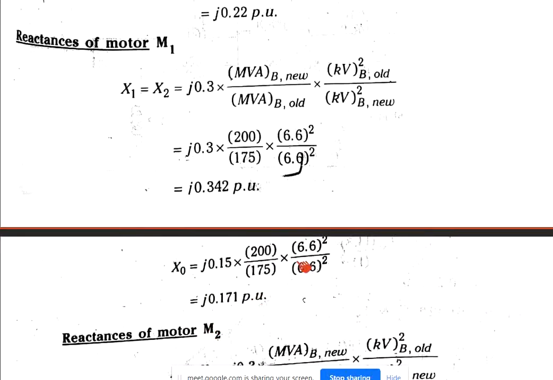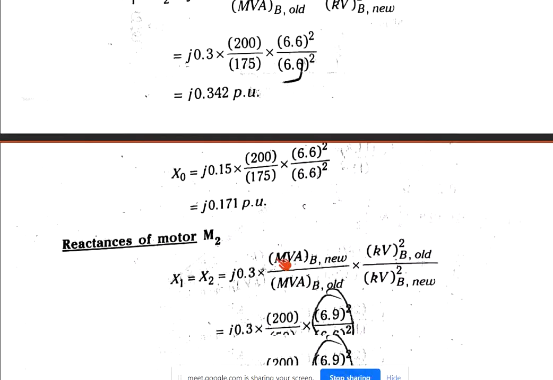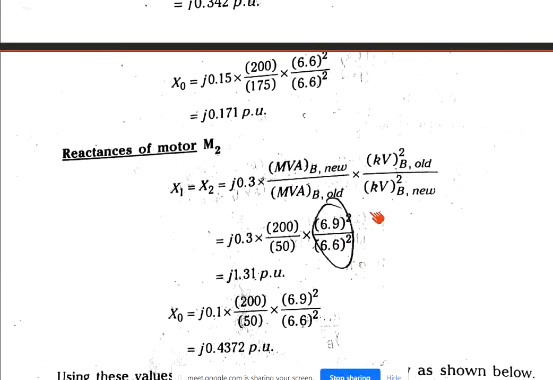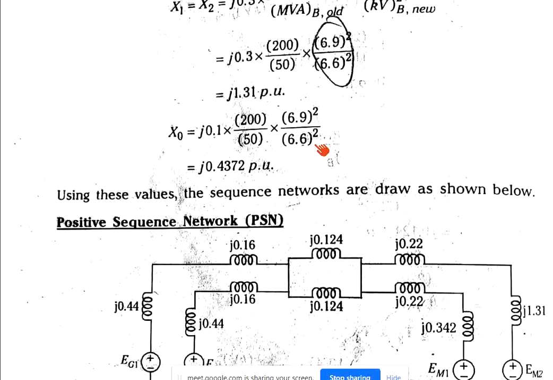Similarly for X naught, which had been given in the question, it is j0.15 into 200 by 220 squared, so you need to find this value. Then the reactance of motor 2: here KVA new and KVA old will be the same, but KV old is 6.6 and new is 6.9.